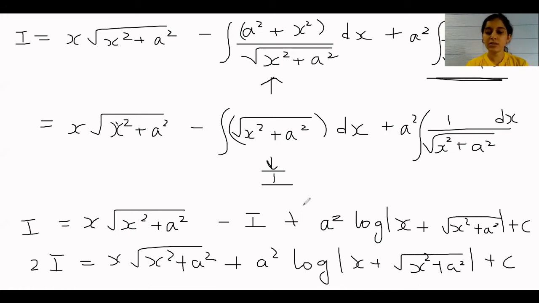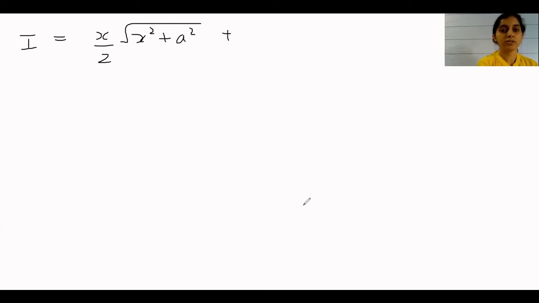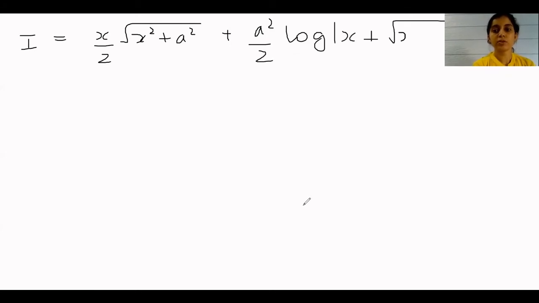And then you can take the 2 down. So we have I equal to x upon 2 root of x square plus a square plus a square upon 2 log of x plus root of x square plus a square, plus c. This is your integral value.